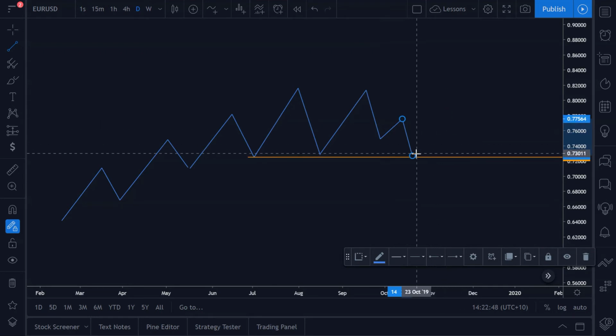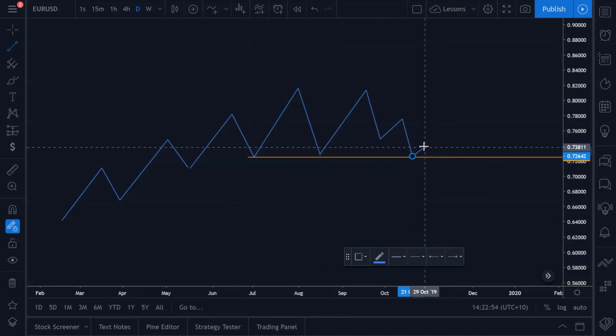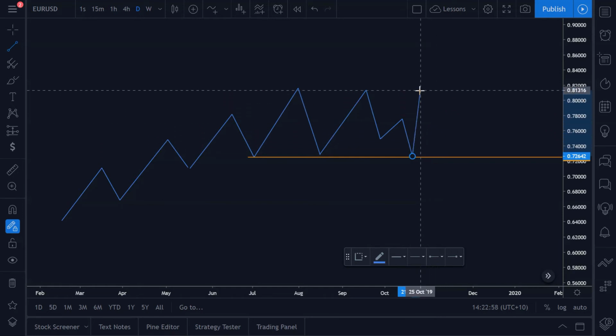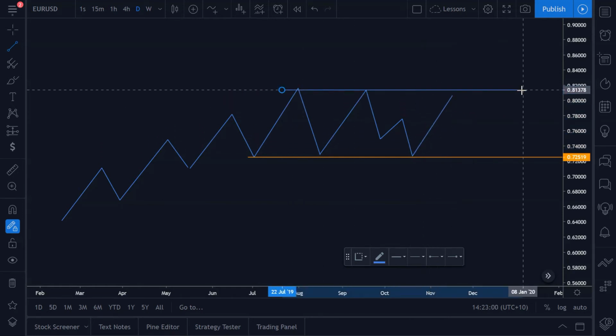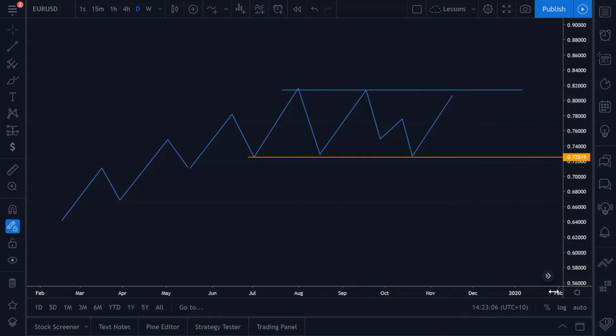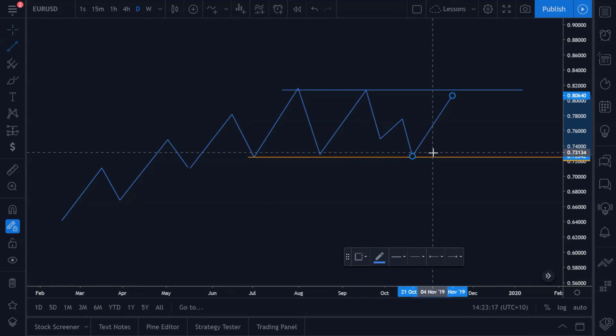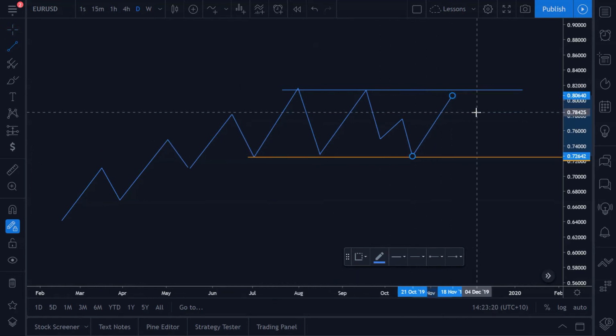What I mean by that is, if you are going to trade consolidation from these lows, in this example, say you go long down here after getting an entry reason, you should be looking to take profit before these highs, because the market is not showing that it wants to move higher yet. So what could happen here, and what is likely to happen here, is that this market will continue consolidating.